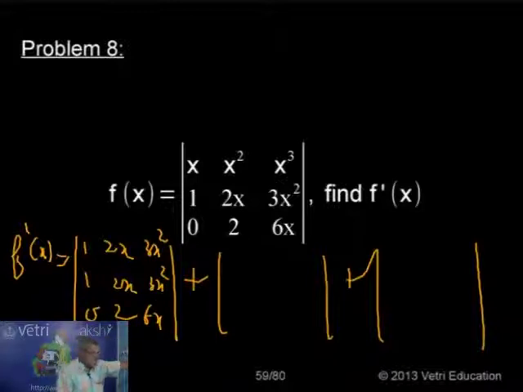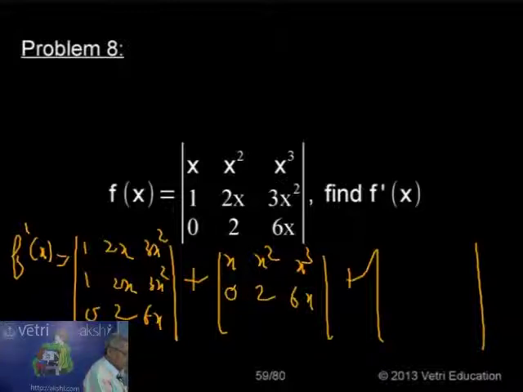In the second determinant, keep the first row as it is. Differentiate the elements in the second row alone: 0, 2, 6x.